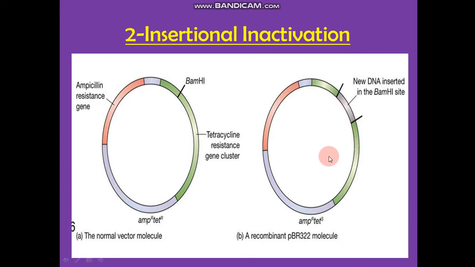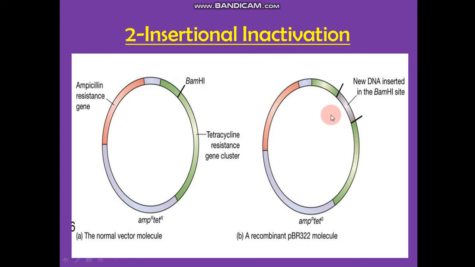Because they are not resistant to tetracycline and will be killed by the antibiotic tetracycline. Okay, so the colonies which appear only in the ampicillin containing medium will be the transformed cells.